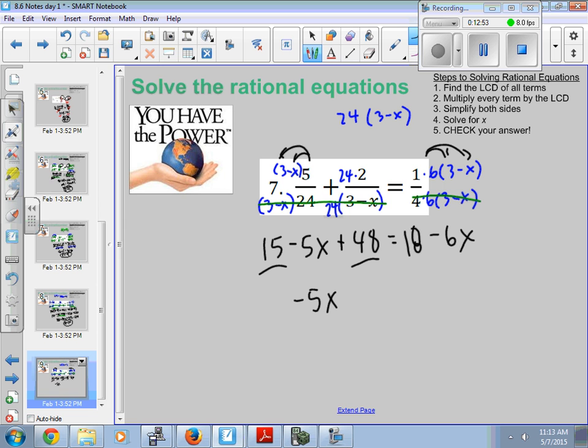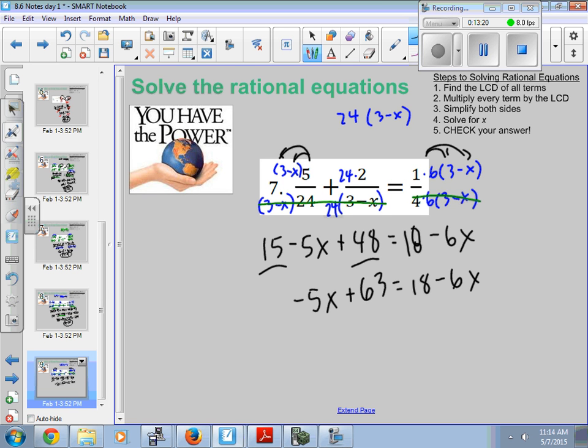Like terms again, put like terms together. Just less likely to make a mistake if you do that. If we add those up, that should end up being 24, 48, looks like 63.